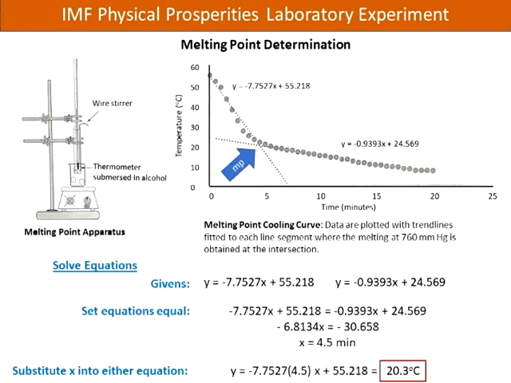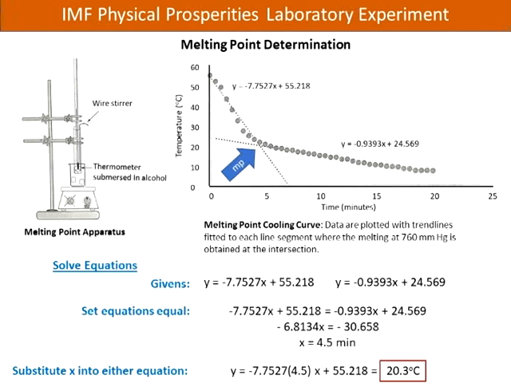After the data has been plotted, a trend line is taken on both sides of the line segments. Where the trend lines cross is the melting point of the alcohol.